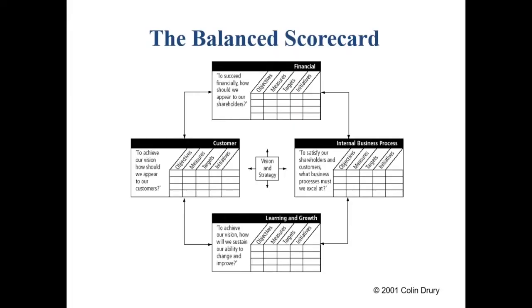This is the Balanced Scorecard, which was developed by Kaplan and Norton in 1992 initially. They decided that rather than looking at just one aspect, traditionally organizations have only used financial aspects when it comes to performance evaluation.